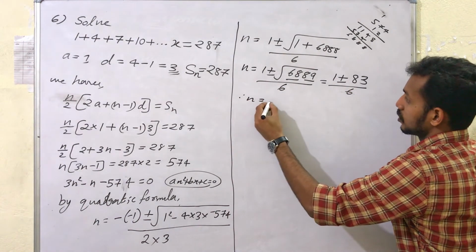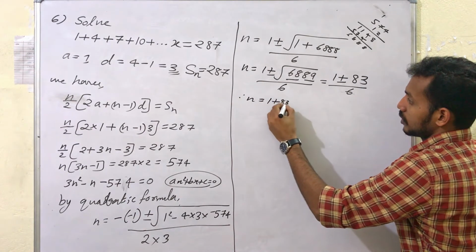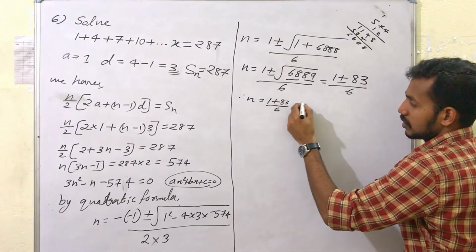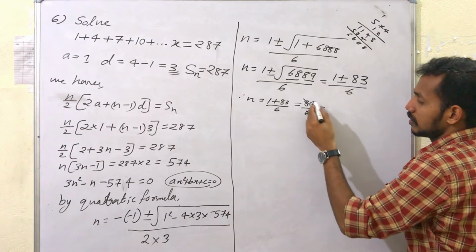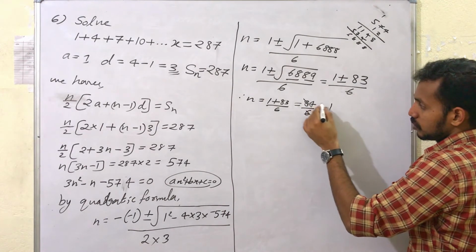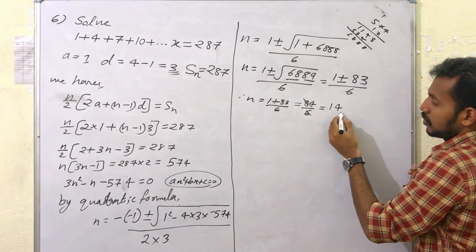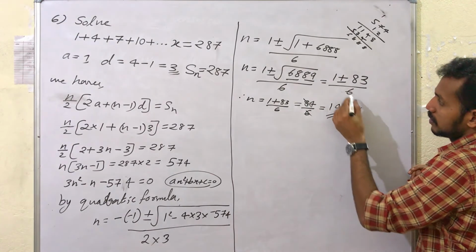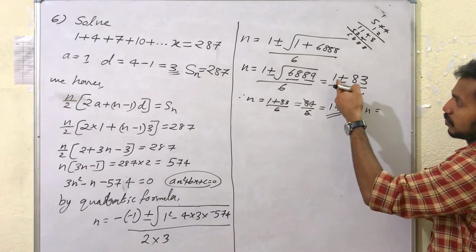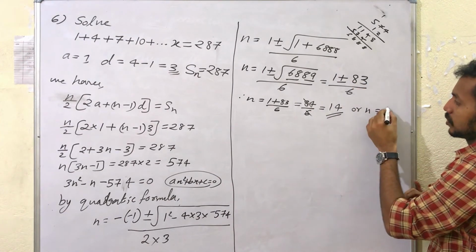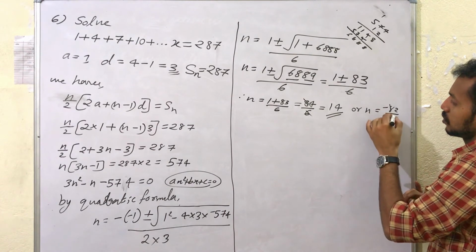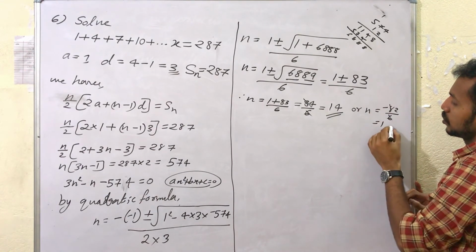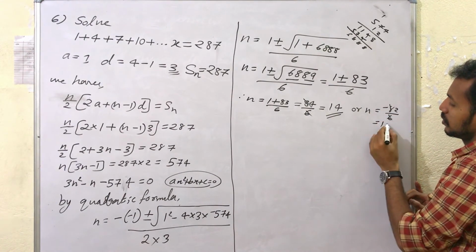Therefore n is equal to minus 1 plus 83 divided by 6, that is 82 divided by 6, which is 13 point something, not possible. Or the value of n will be minus 1 minus 83, which is minus 84, divided by 6, which is equal to minus 14.